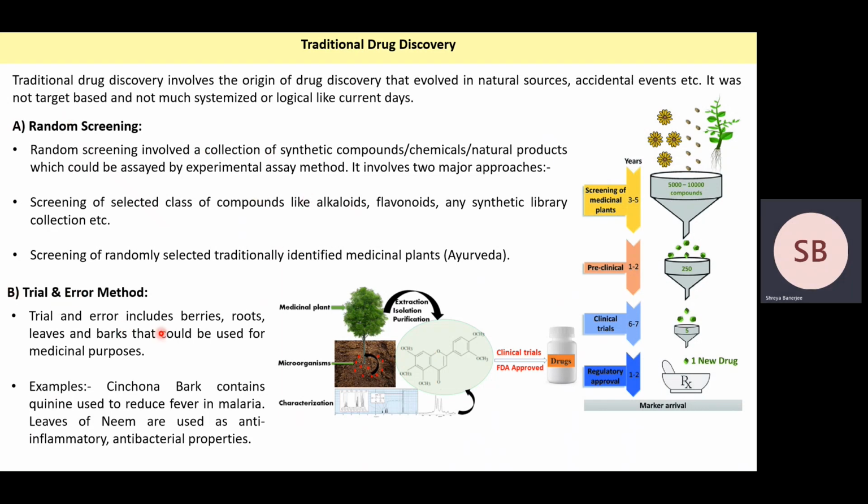Another is the trial and error method, where berries or roots that could be used for medicinal purposes are screened through a trial and error method, and the active compound is identified and used in clinical trials.